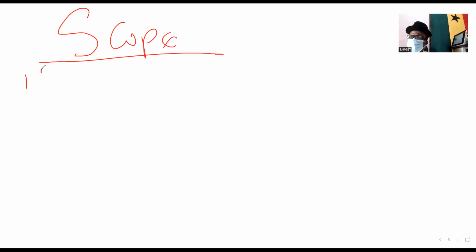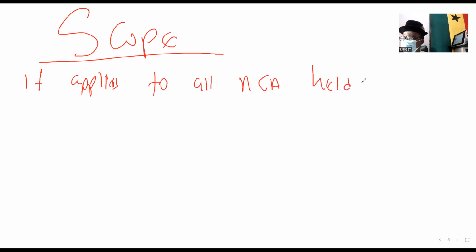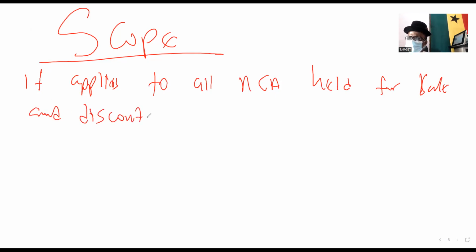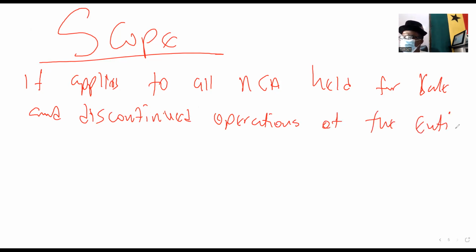IFRS 5 applies to all non-current assets held for sale and discontinued operations of the entity, except the following.